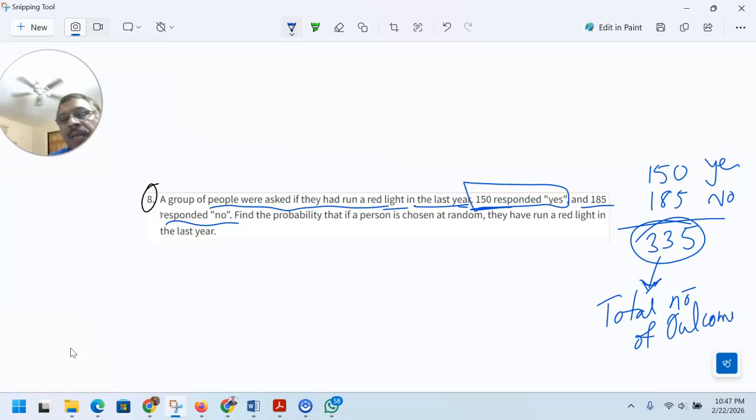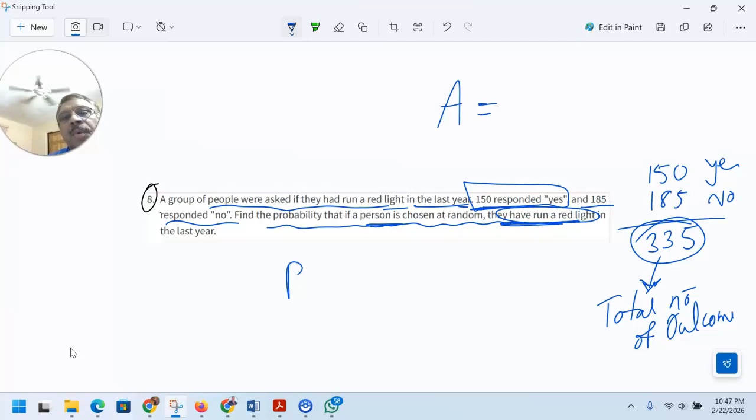or the sample space. So when you talk about probability, find the probability that if a person is chosen at random, they have run a red light. Let's say A is the event that a person ran a red light.